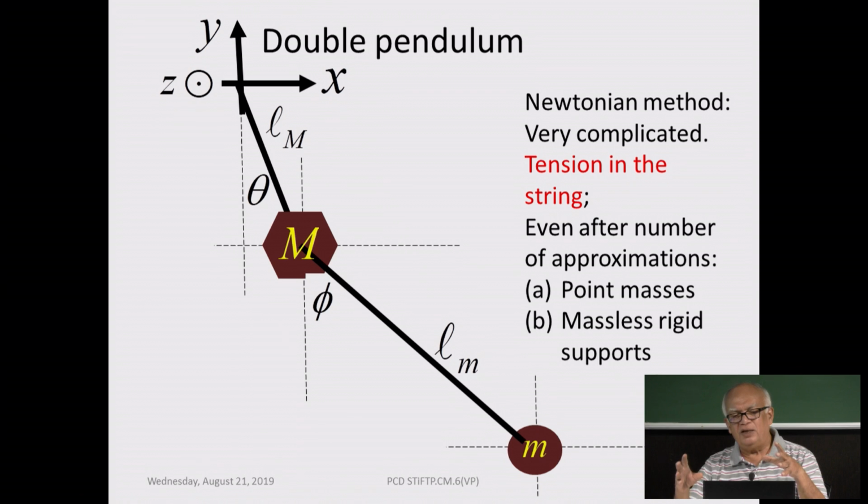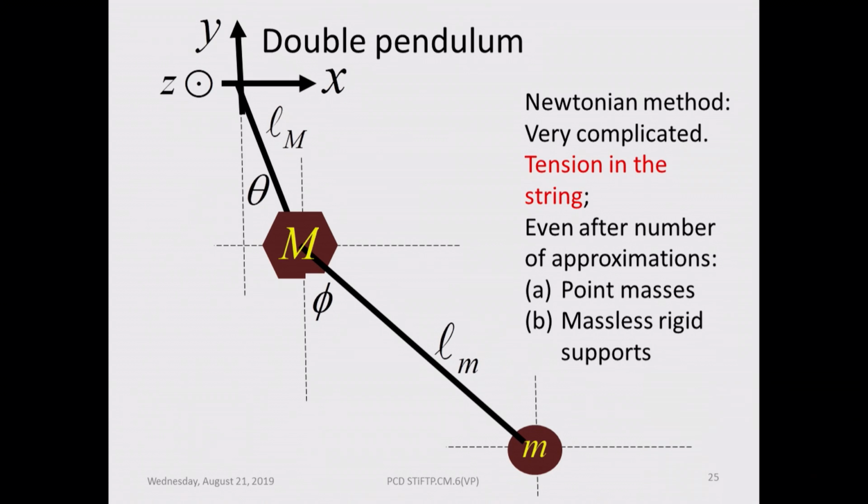We will also assume that there is no mass in the rigid supports, in the rods which are holding these masses. There is no mass distribution over it, so they are practically massless, you consider that mass to be 0. And even with these approximations, these are gross approximations, this is obviously not a real system.